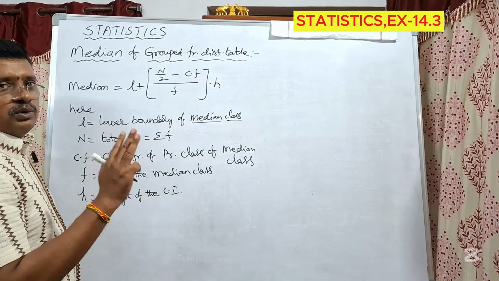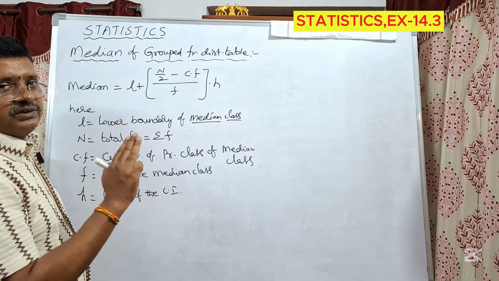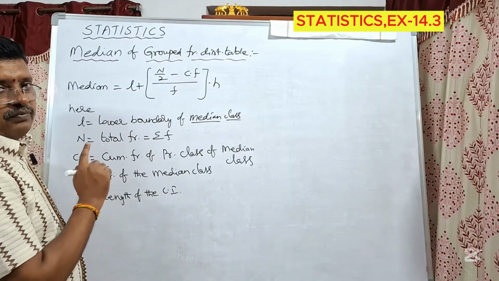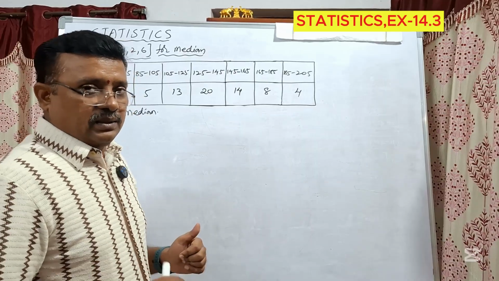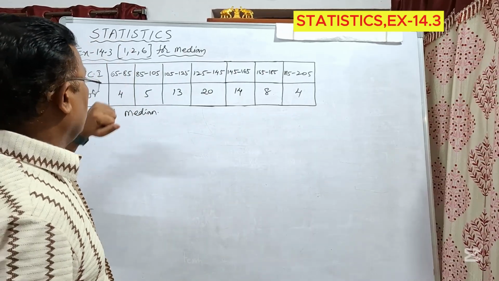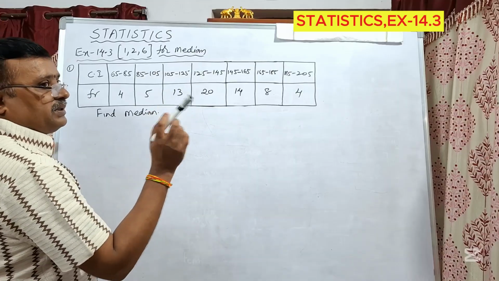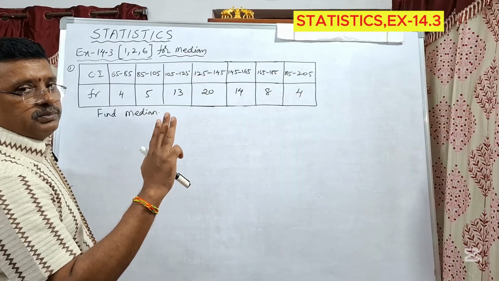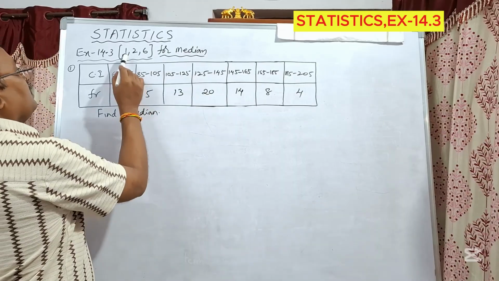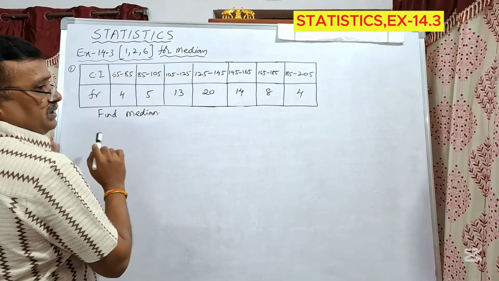Let us select the most important models from exercise 14.3 for finding median. Now let us observe exercise 14.3. In this, I am taking the main important model problems for the public examination. Those are the first question, second question, and sixth question.